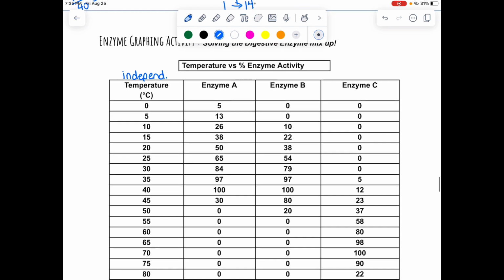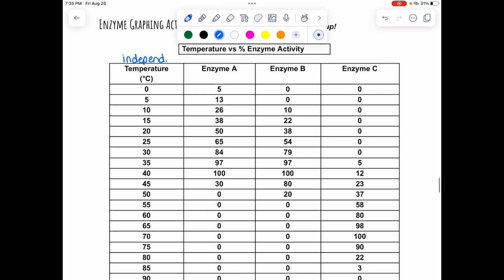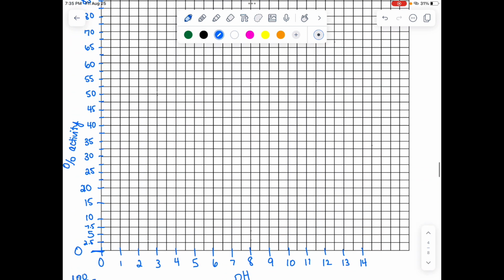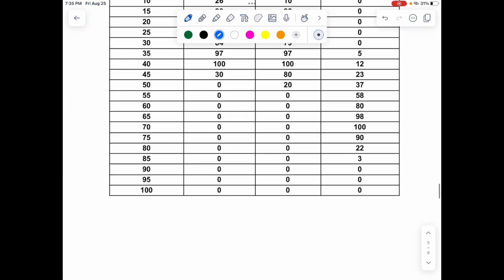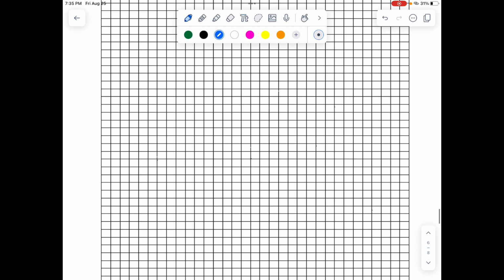The other graph we're doing is on temperature. So again, we have to go all the way from a percentage of activity from 0 to 100 because that's what we've got for both of them. So we're going to go down to this next one. Our dependent variable, our data, is always going to go on the y-axis. So we're going to label it as percentage of activity.